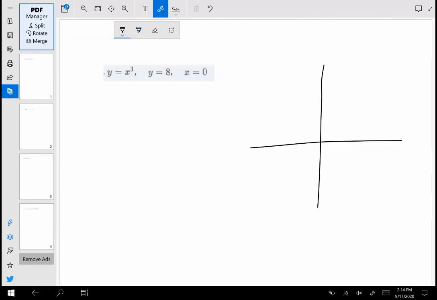y equals x cubed. Let's just make that in blue. It's going to look something like that. y equals 8 will be somewhere up in here. So we'll pretend that's y equals 8, and then we're revolving around that axis.